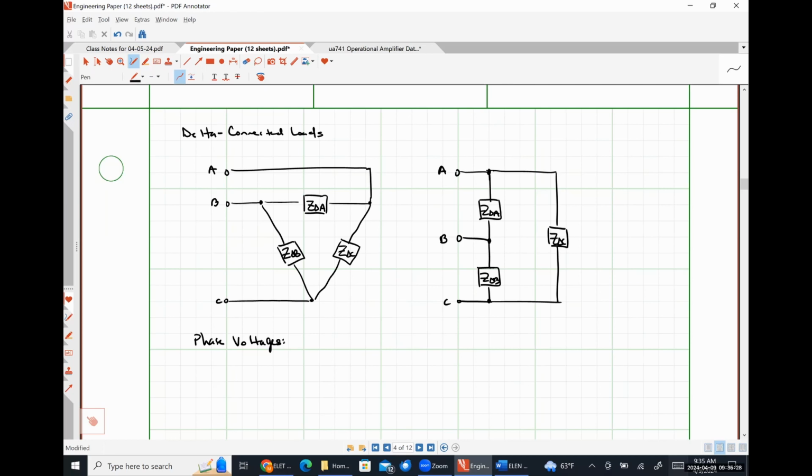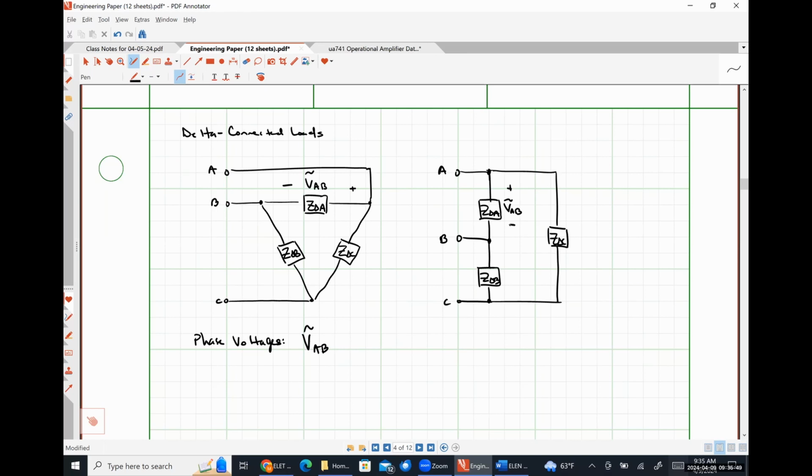So we're going to call that guy VAB. So that would be this voltage on the classical representation, or this voltage on the modern representation.